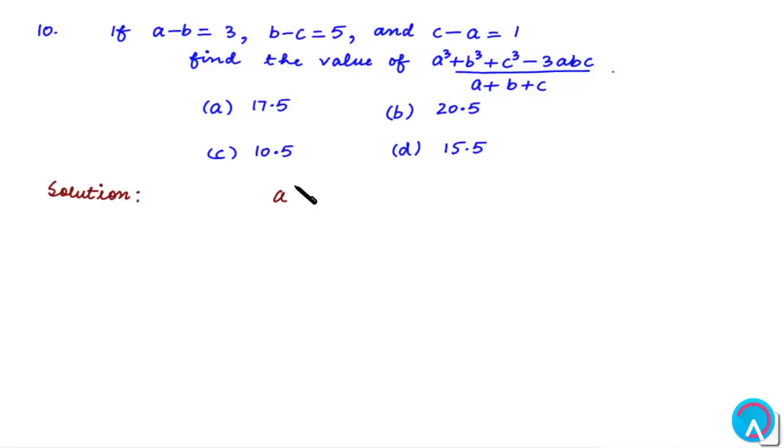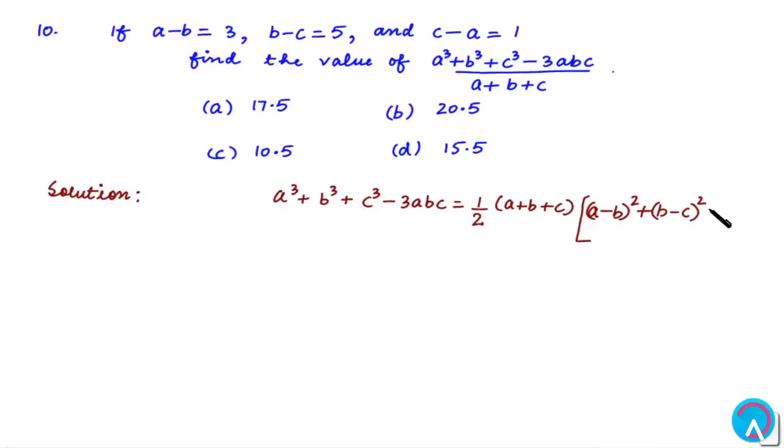We know that a cube plus b cube plus c cube minus 3abc is equal to 1 by 2 a plus b plus c multiplied with a minus b whole square plus b minus c whole square plus c minus a whole square. So this formula we know.